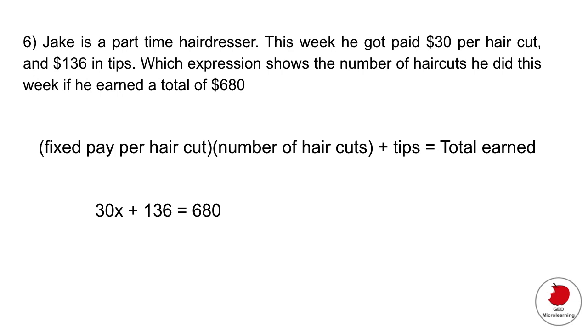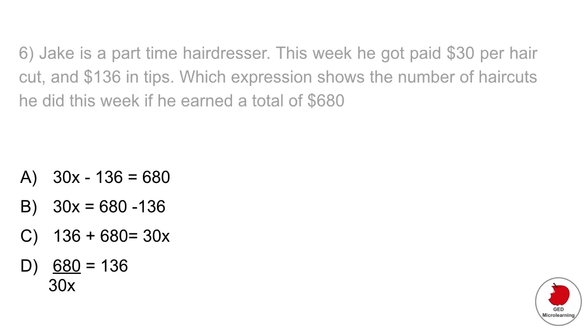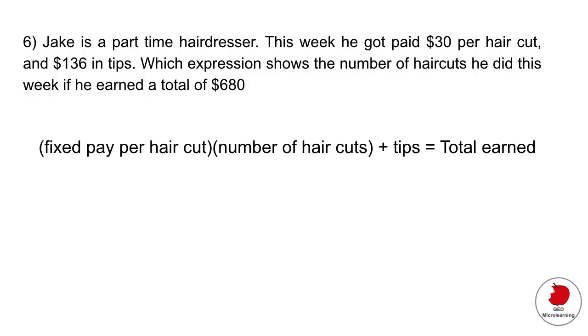So if we look back at the answer options, you can see that the answer option is not quite there, because this is what we got. So we just have to simplify this expression a little bit more. And the way that we do it is we're going to go ahead and subtract 136 from the left side, and so that cancels out.